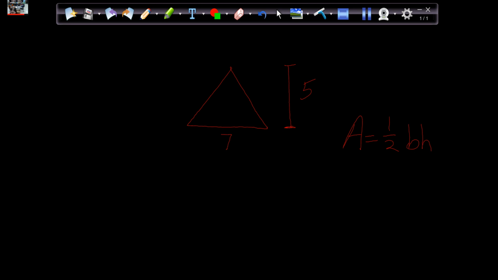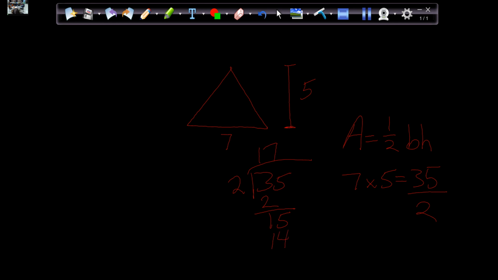So 7 times 5 is 35. And then we're going to divide it by 2. 35 divided by 2 is 17.5. So the area of this shape would be 17.5.